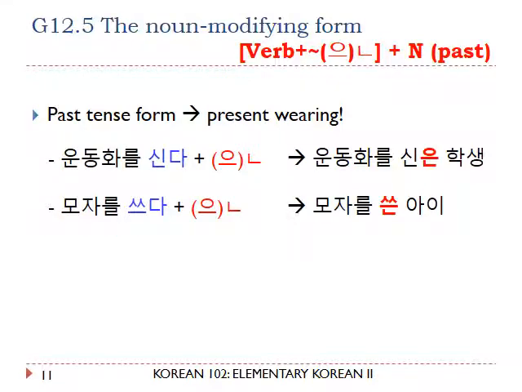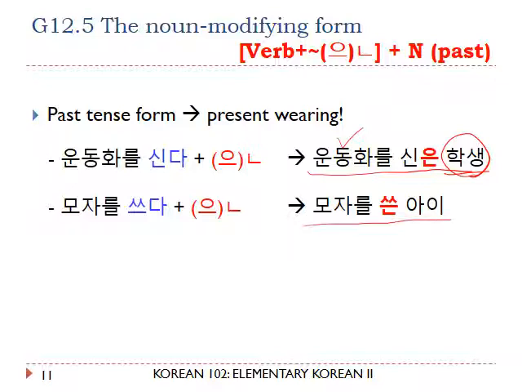The same semantic pattern or phenomenon is also found in other examples. As you see here, 운동화를 신은 학생. 자, 운동화, sneakers. So this expression literally means a student who has put on the sneakers. But it is understood as a student who is therefore wearing the sneakers now. The student who is wearing the sneakers.